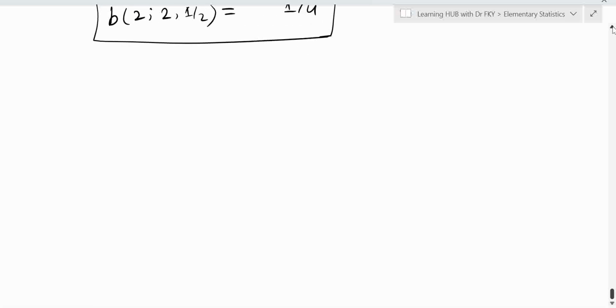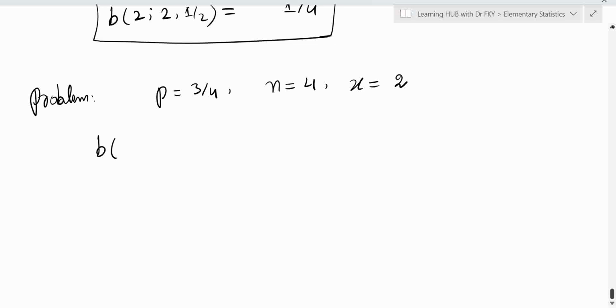The solution to this problem: p is equal to 3 divided by 4, n is equal to 4, x is equal to 2. So we can calculate by using binomial distribution where x is 2, n is 4, and p is 3 divided by 4.